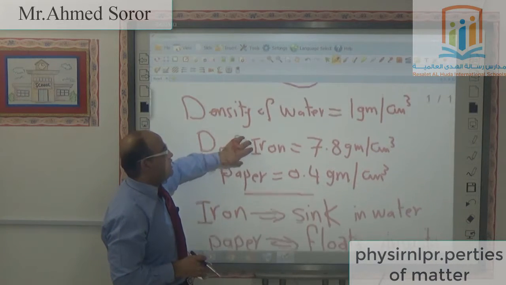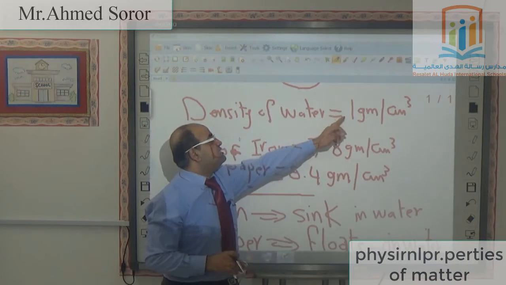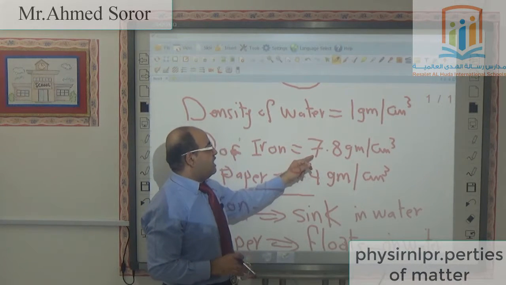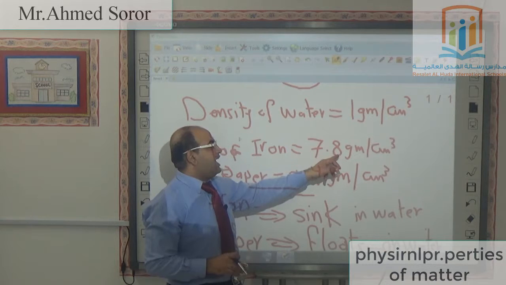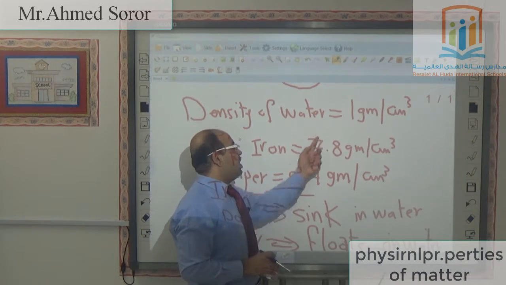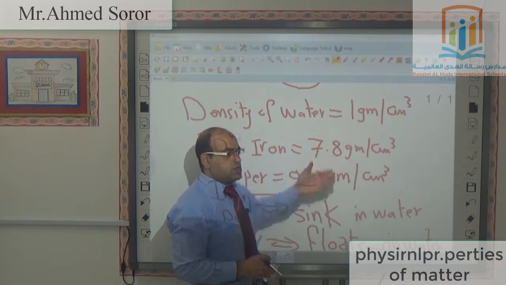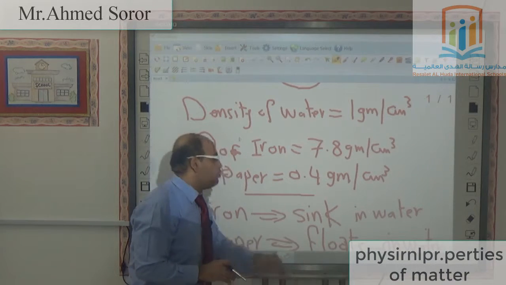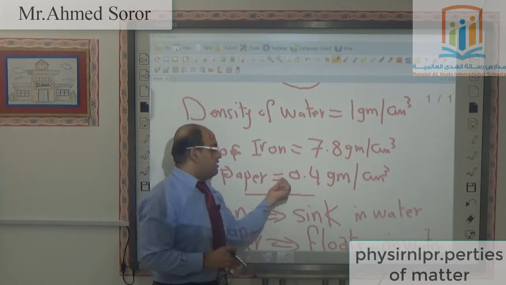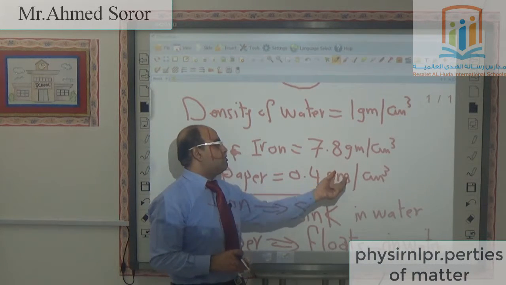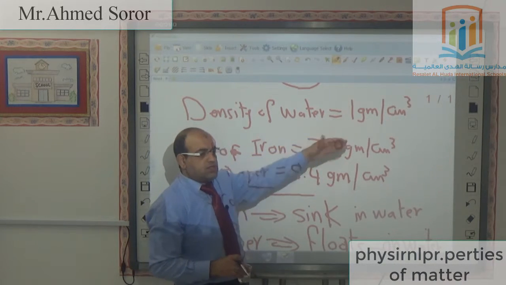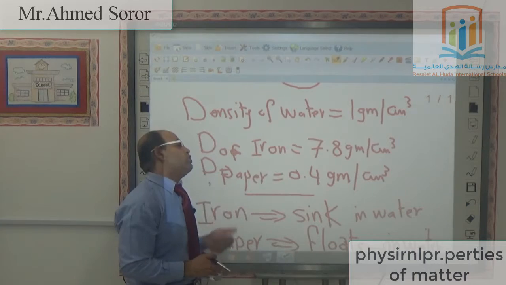You can observe with me the density of water is 1 gram per cubic centimeter. The density of iron is 7.8 gram per cubic centimeter. So the density of iron is higher than the density of water, so it sinks in water. But the paper density equals 0.4 gram per cubic centimeter. Its density is less than the density of water, so it floats on the water surface.